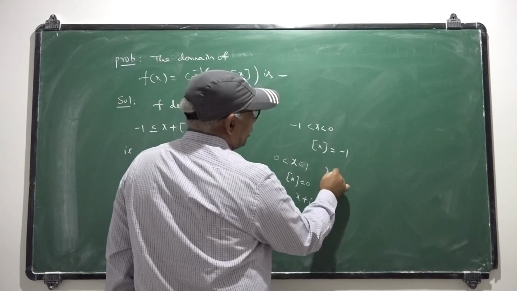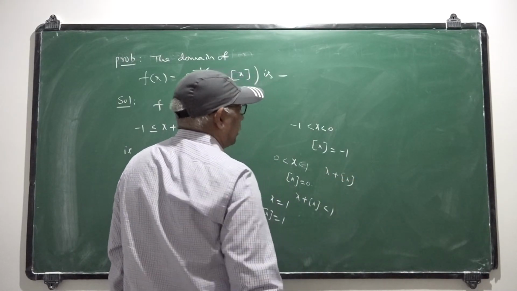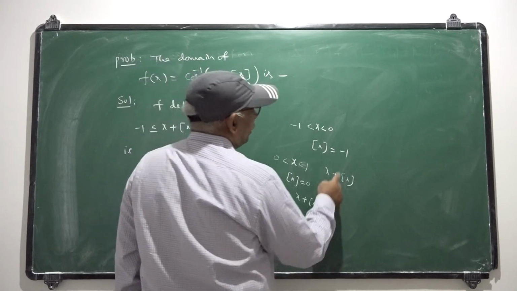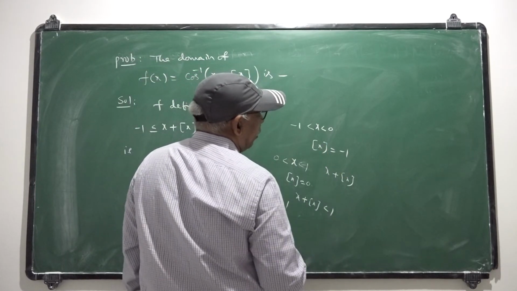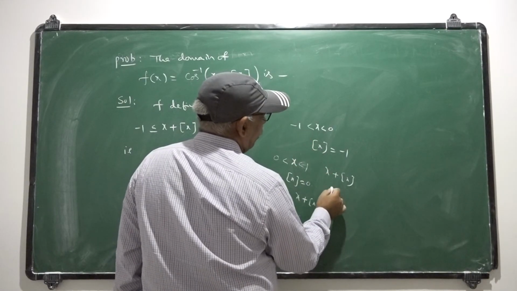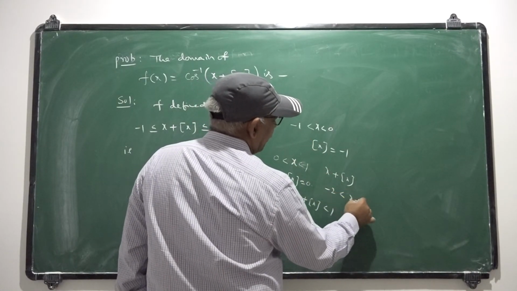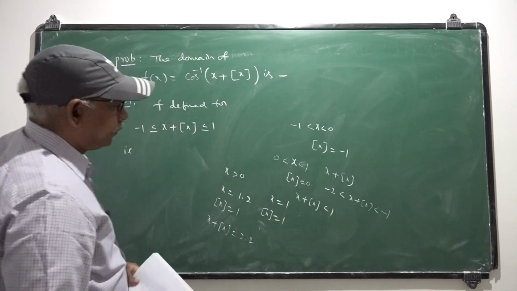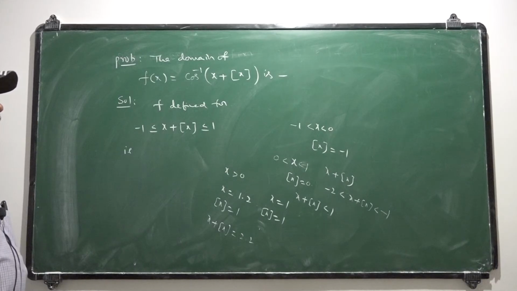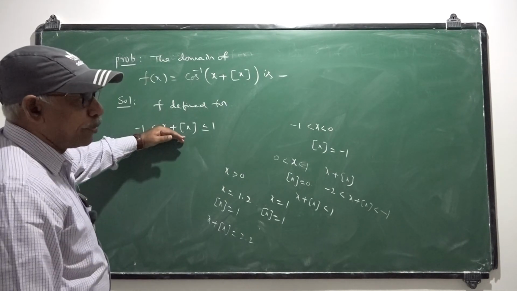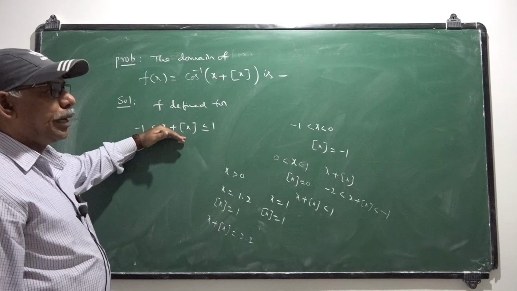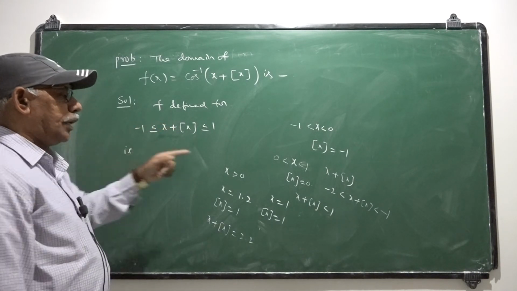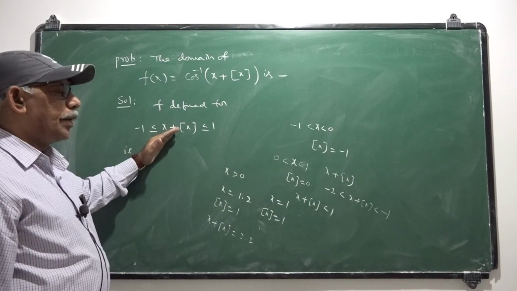So x plus step x lies between minus 2 and minus 1, which is less than minus 1. So x cannot be negative here. Once it is negative, it is still less than minus 1. So x cannot be negative.